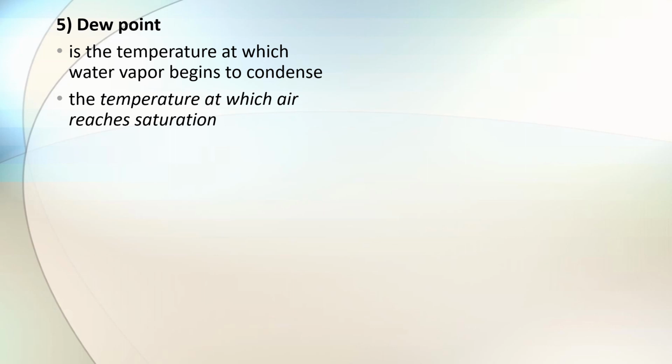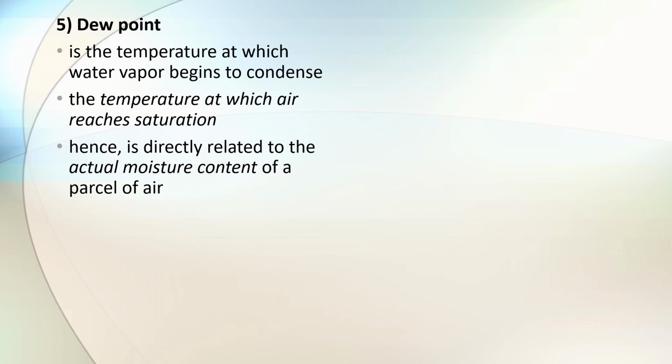The term dew point comes from the fact that during nighttime, the objects near the ground, for example the grass, are often cool. When these objects cool below the dew point temperature, they become coated with what we call the dew. So that's why this is termed dew point, the temperature where the water vapor begins to condense.